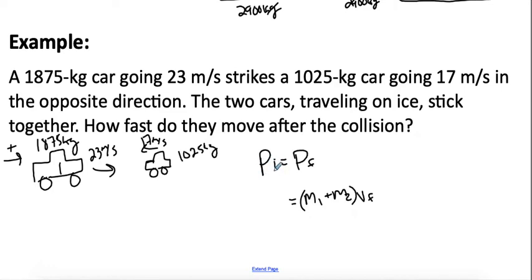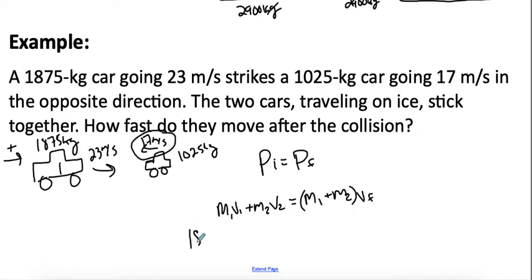So the initial momentum, that's just mass of car 1 times velocity of car 1, plus mass of car 2 times velocity of car 2. What's going to be different here is that number, when I plug it in, will have to be negative because they're going opposite directions. So we have to pay attention to the direction of the motion here because velocity is a vector, so we have to pay attention to the magnitude and direction.